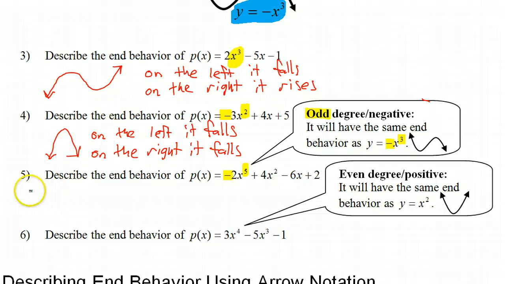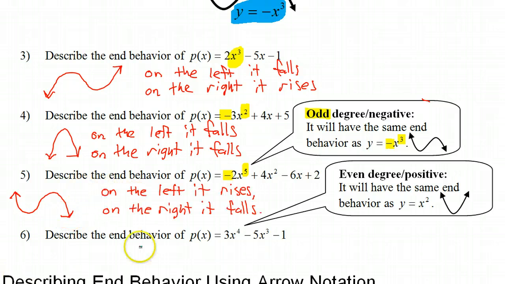As you go to make a little sketch for yourself, it's odd, so you know it's going to have end behavior like some sort of an n. It's negative, so it'll be like an upside down n. So the end behavior will work like this. We will say on the left it rises, and on the right it falls. So there's your end behavior right here.